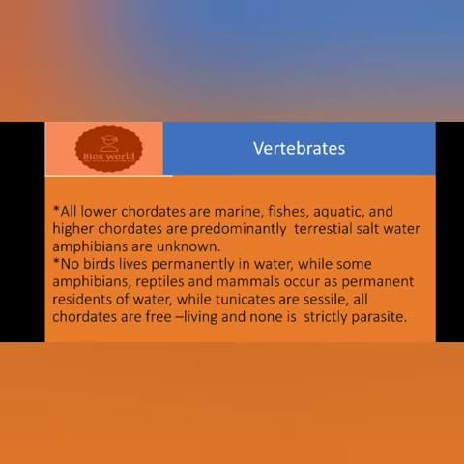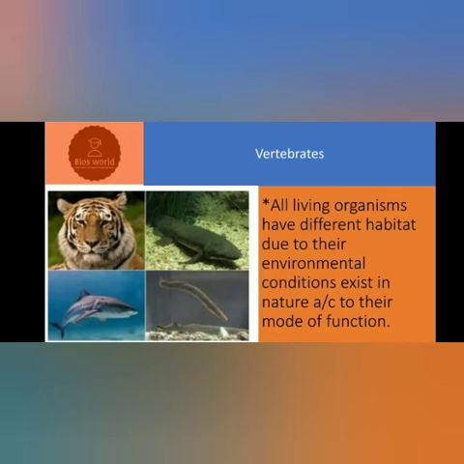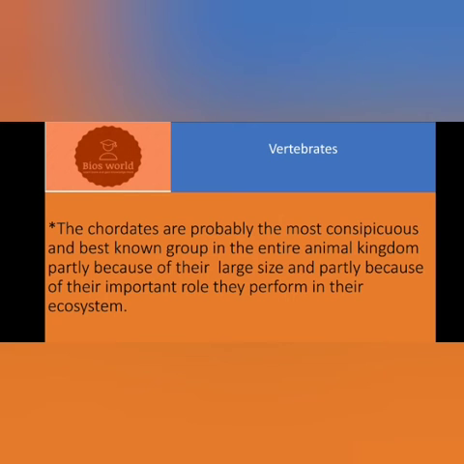In that class, it adapts to land sometimes and to water sometimes. All living organisms have different habitats due to the environmental conditions existing in nature and according to their mode of nutrition. They exist according to suitable environmental conditions.